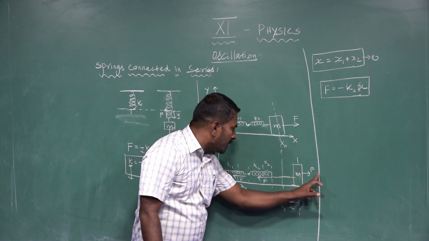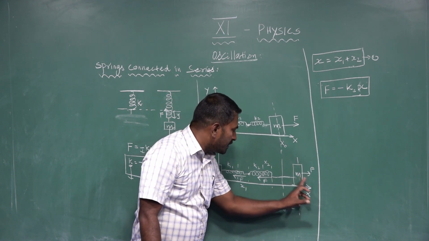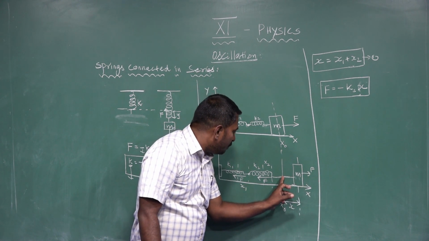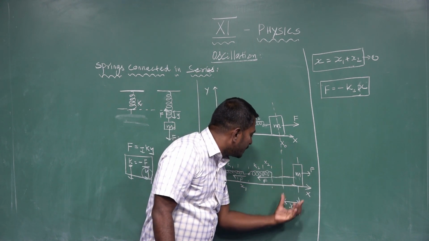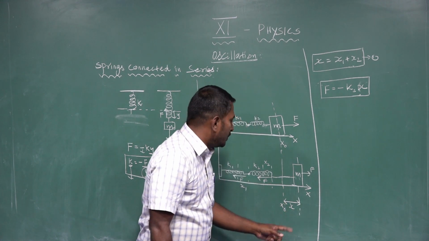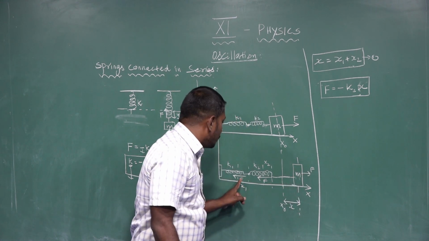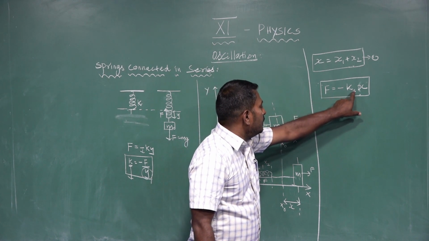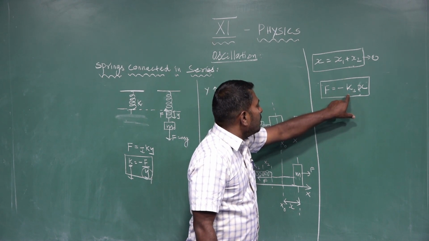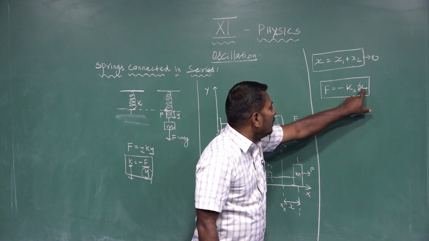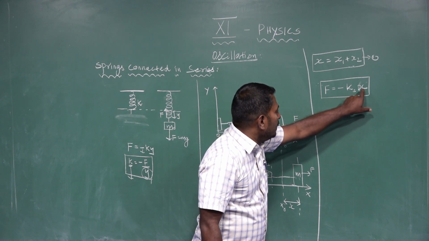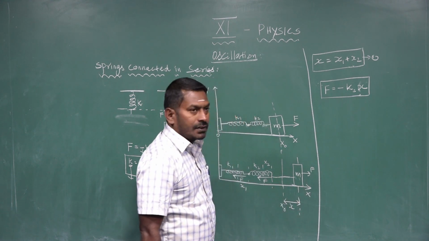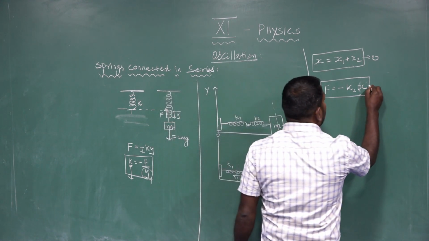After application of the external force on the mass m, the load is shifted through a distance x. So the total restoring force F is equal to minus the effective spring constant for the series connection, times the displacement x of the load towards the right. Equation number 2.